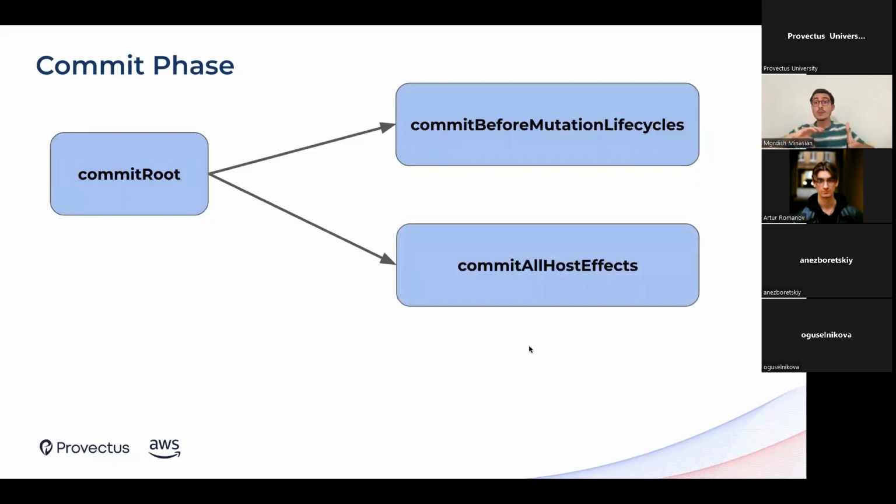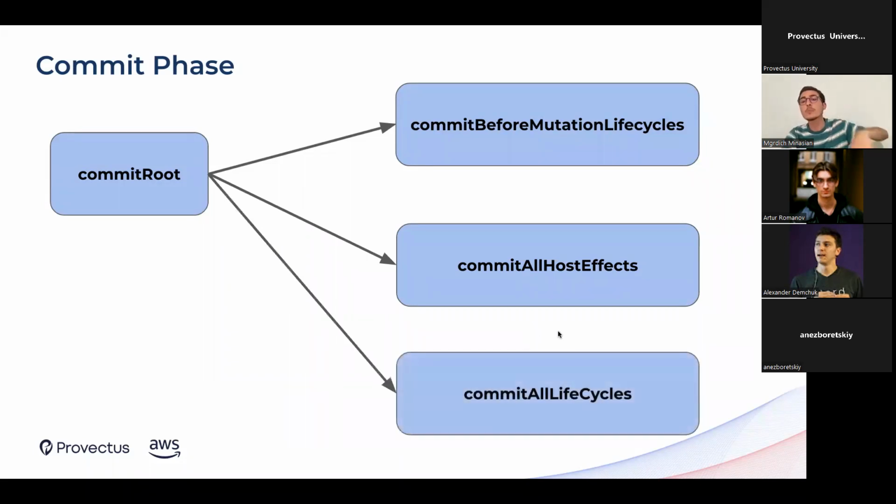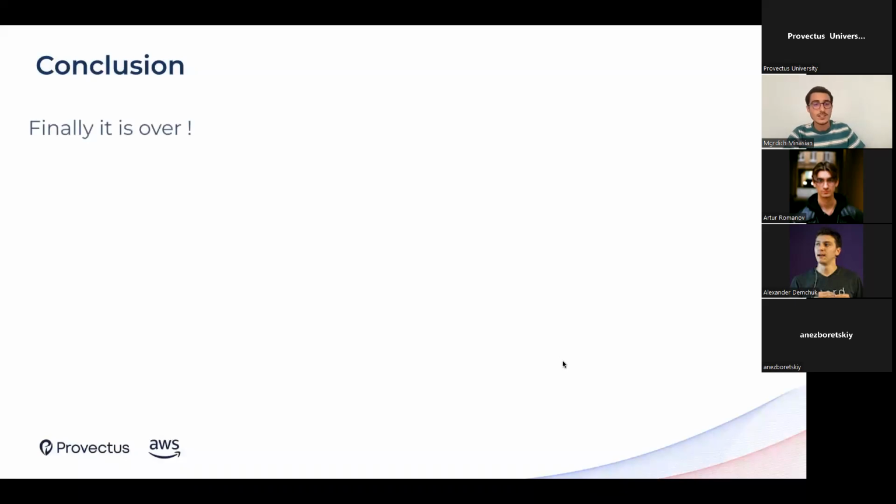Then you are committing all those host effects, like I said, the effect list that we are creating, and you are applying all of those changes into the DOM. And since all of the changes into the DOM are applied, you can then call your commit lifecycles like component did mount, use effect, and so on. And that's it. Conclusion, it is over.